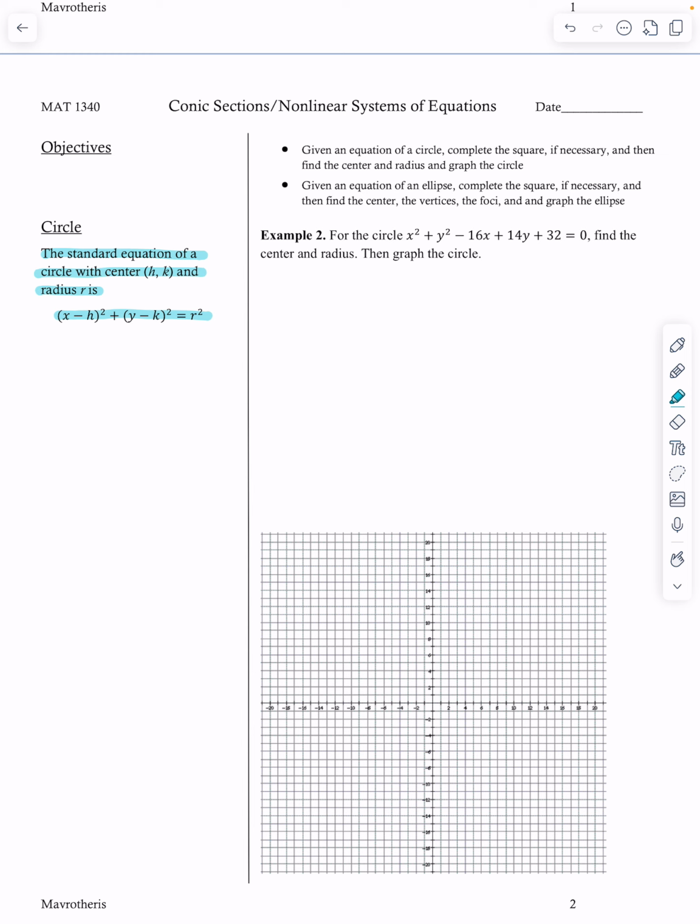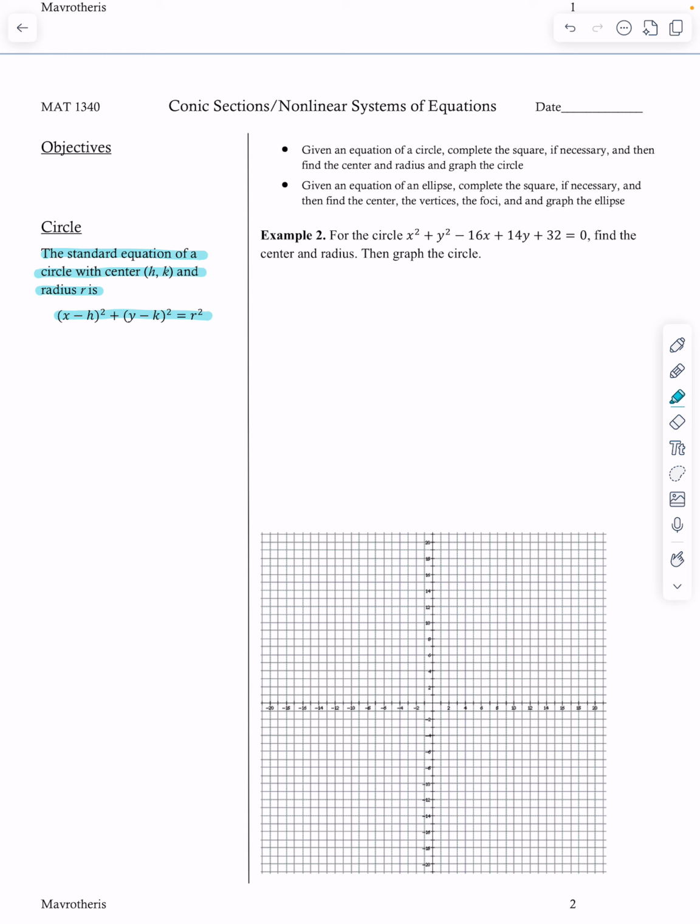Now, if we go backwards looking at the equation, if we can make it look like that, an x minus something quantity squared, a y minus something quantity squared equals another number, we know the center, we know the radius, that makes it really easy to graph.